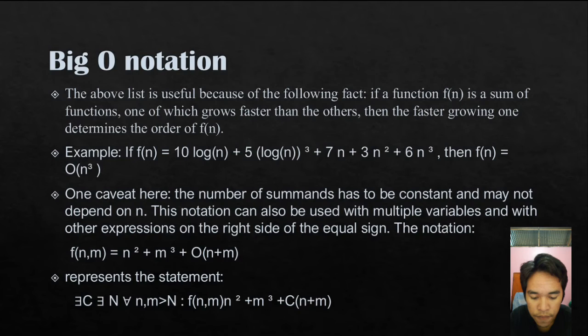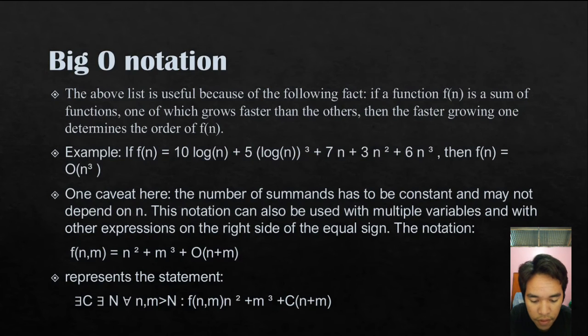Example: if f(n) = 10 log n + 5 (log n)^3 + 7n + 3n^2 + 6n^3, then f(n) = O(n^3). One caveat here: the number of summands has to be constant and may not depend on n.